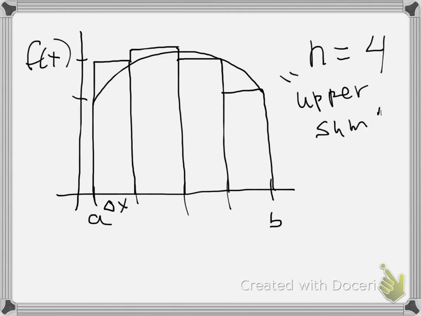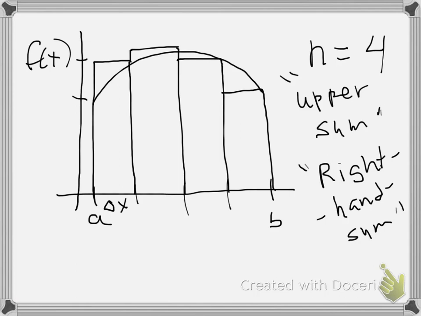In this case, it would also be called a right hand sum, because the right endpoint is the height of the rectangle. Okay, so that's the second type of Riemann sum.